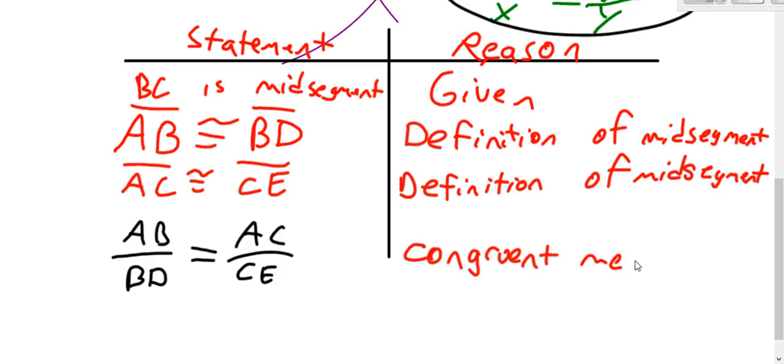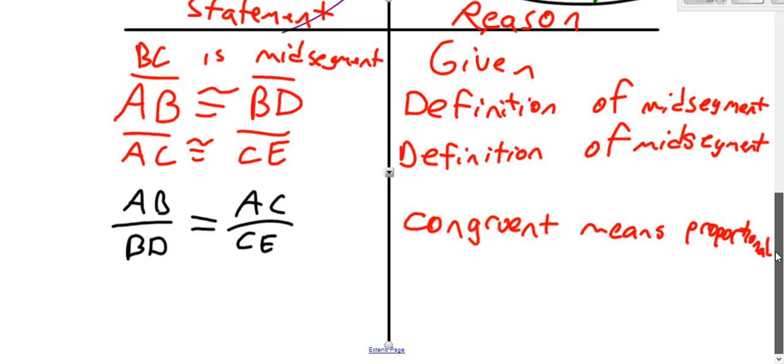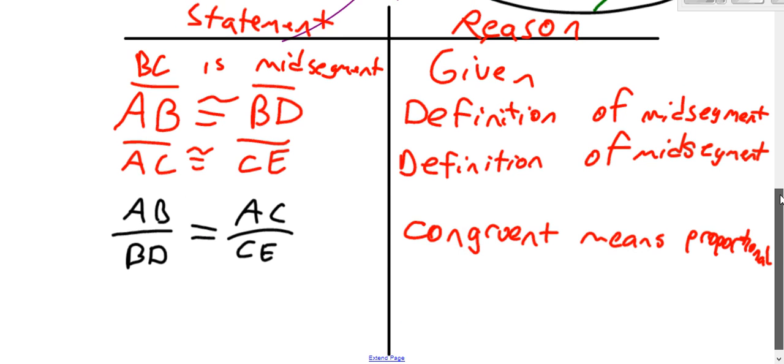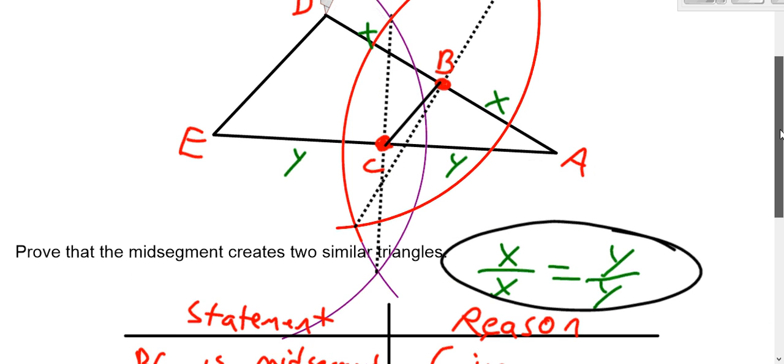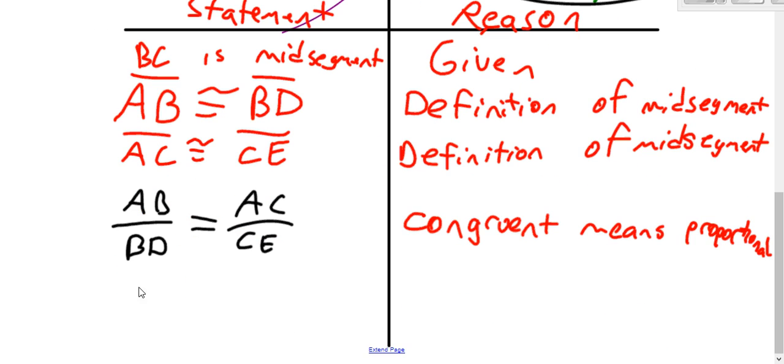So let's just say congruent means proportional. So that then means that BC and DE are parallel.